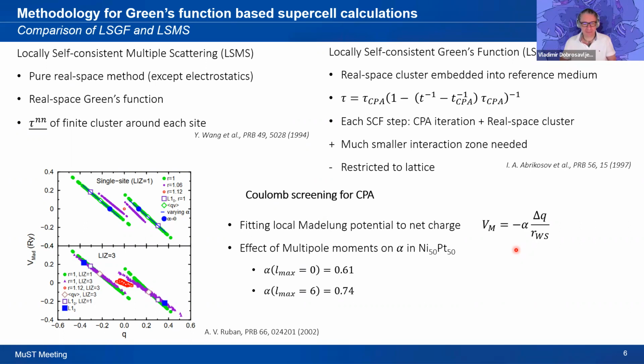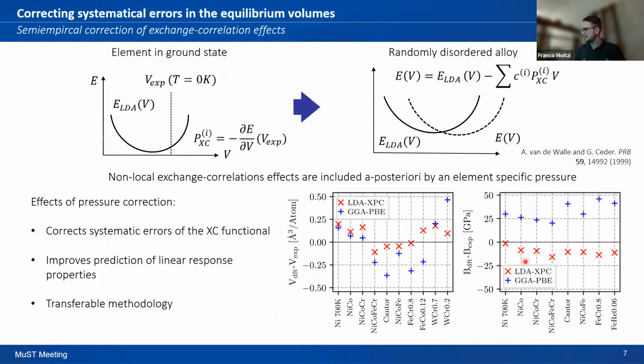Right. And the next thing is, generally, even if we solve our equation as accurately as possible and treat everything as well as possible, there is still this systematic error in predicting the equilibrium volume that just comes from the exchange correlation functional.